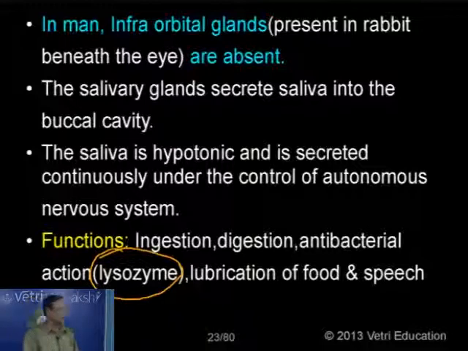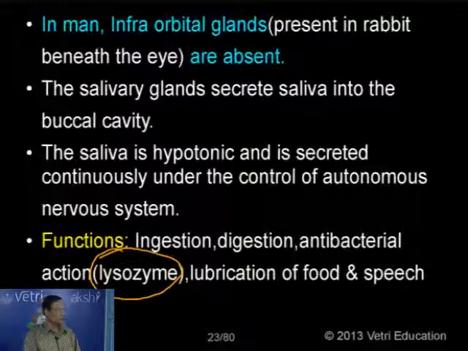In the saliva we also have a viscous substance, a glycoprotein called mucin or mucus. Mucus is a viscous substance found in the saliva, made up of mucin dissolved in water. Mucin is concerned with the lubrication of food so that it can be swallowed easily.